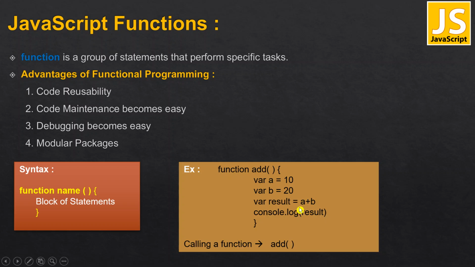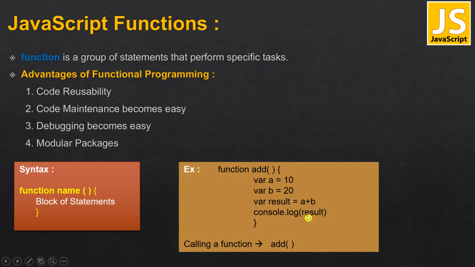In the earlier example, no matter how many times you call this function, the same logic will be performed. So 10, 20 and 30 is the result: addition between 10 and 20, and the result 30 will be output to the console. No matter if you call it 1000 times, 30 is the output.